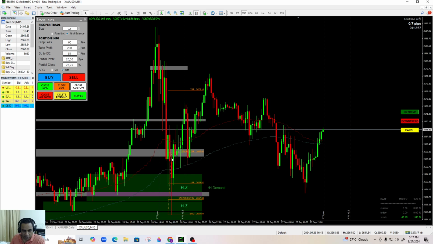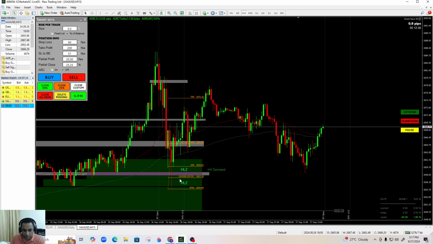The reason the fib is drawn on that candle, and we drew this yesterday at the end of the session, is that it's the liquidity wick from this green area that I had marked. So price came to the mid of that fib and went straight up, 175 pips.